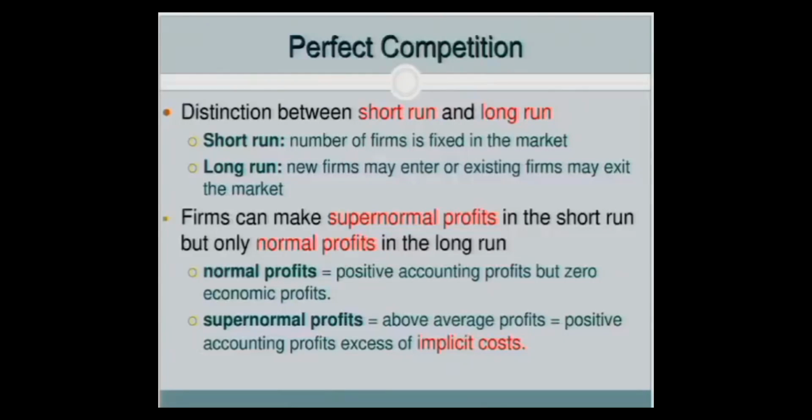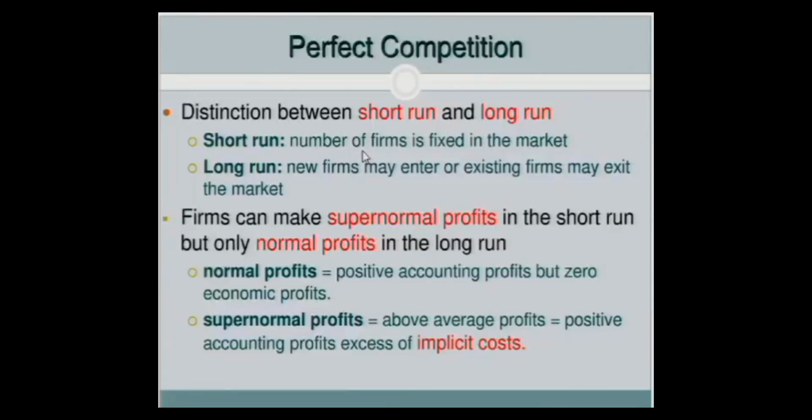It could be incentives to enter or incentives to leave the market. So in the long run, firms are able to enter and exit freely, while in the short run, the number of firms is fixed. Now, in the short run, firms can make supernormal profits under perfect competition. But in the long run, firms cannot make supernormal profits.